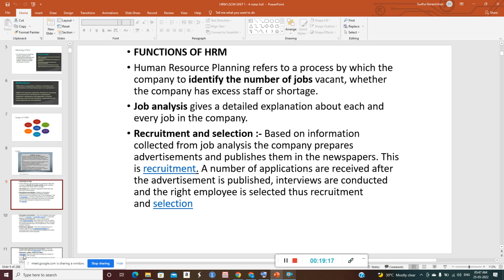Recruitment is inviting applications in response to the advertisements; the responses from the applicants are collected, interviews are scheduled and conducted, and the right employee is selected. So recruitment and selection are an interdependent process.